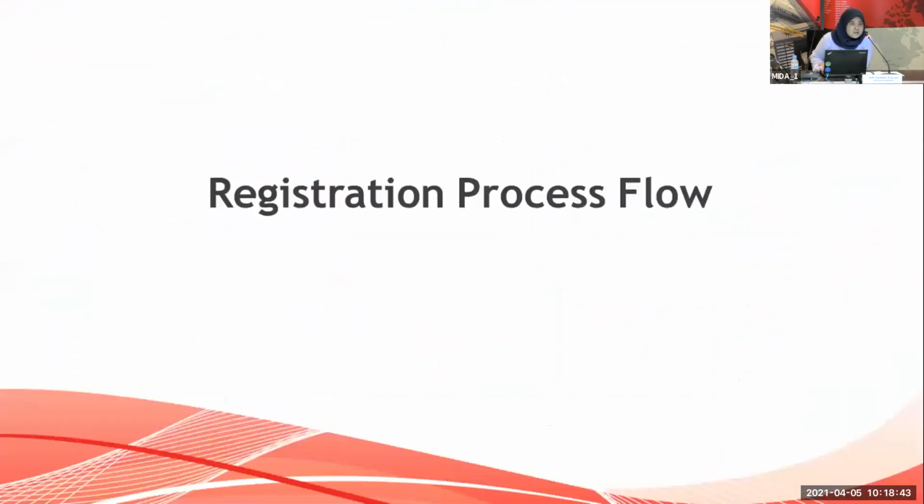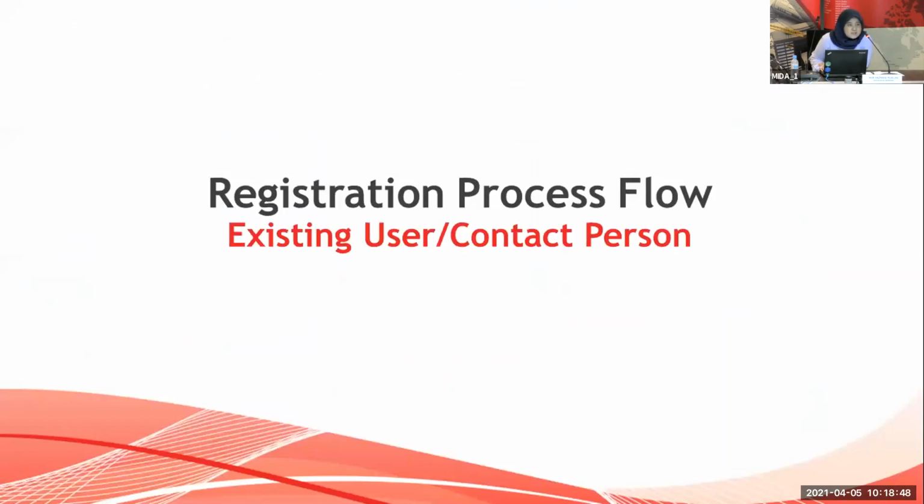Okay, so the first one, we will cover the registration process flow. This one is on the existing user or existing contact person. We migrated contact persons from the JPC online. If you have applied for exemption before using the previous system, the JPC online, you don't have to register.